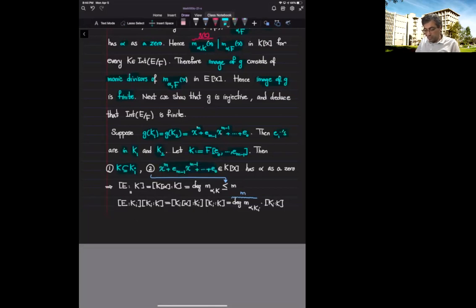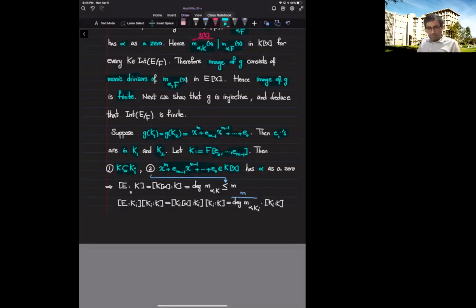In fact, that's how we chose K. Remember, alpha is a zero of this polynomial. So at least I can say that the minimal polynomial of alpha over K has degree at most m.